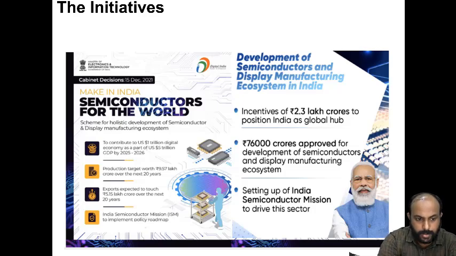The whole aim is to be part of the USD 5 trillion GDP by 2025-2026. Why this information is shared is to motivate you, to impress upon you that there is a huge scope of learning VLSI, whether you want to work for a big product house positioned in India, or to be part of the design ecosystem worldwide.